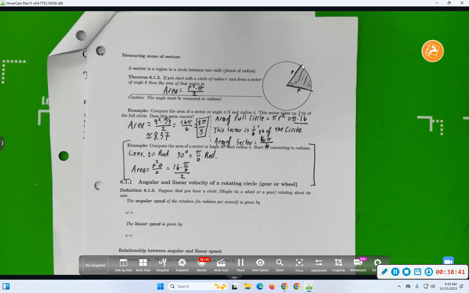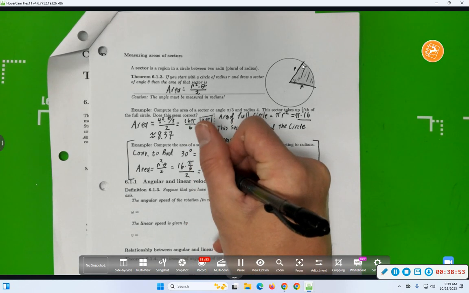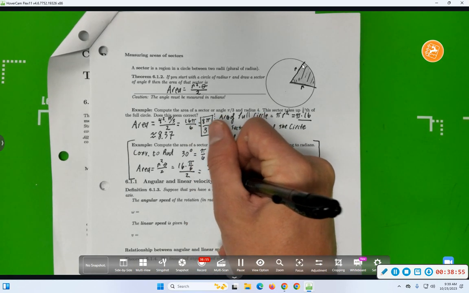Pi over 3. Right here, a 4 pi over 3. Do I hear a second? I see some seconds. Excellent. Should I go through the computation in detail from here? Cool. Seeing no hands. 4 pi over 3.